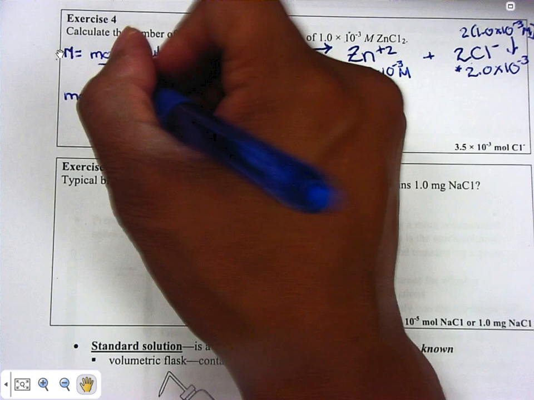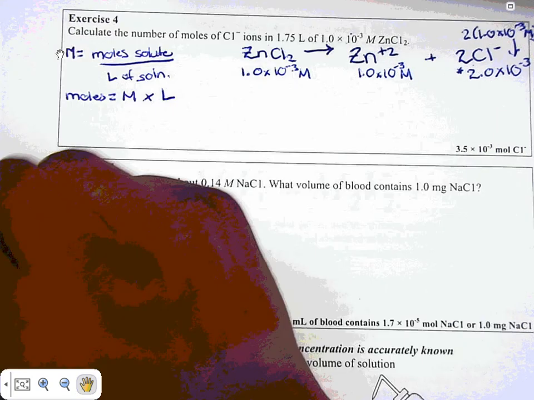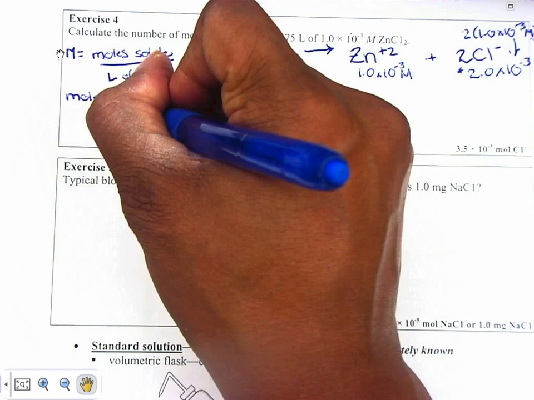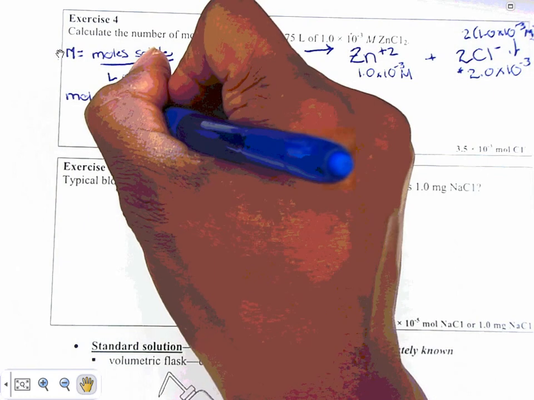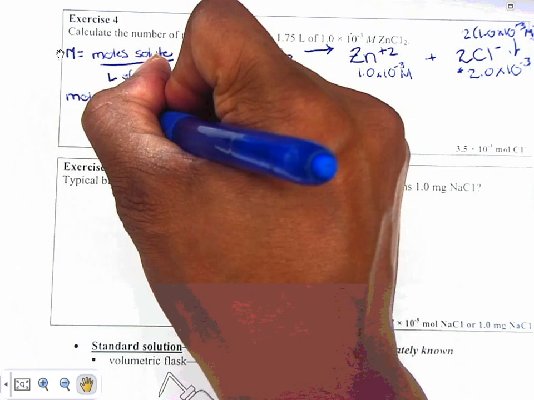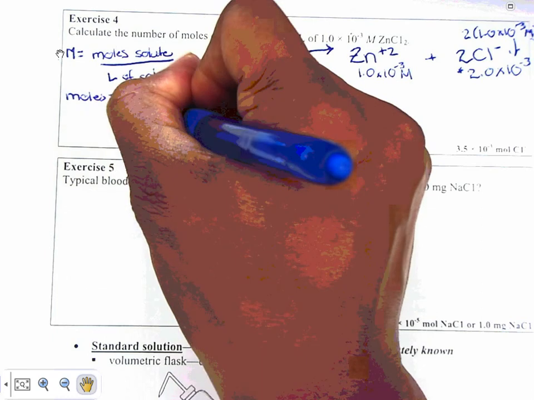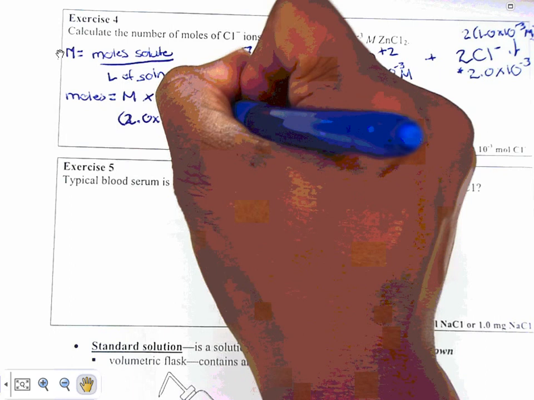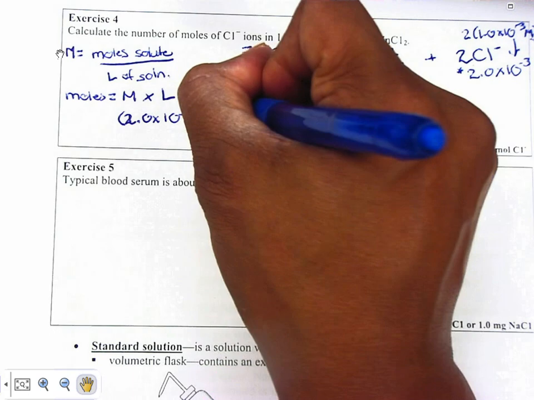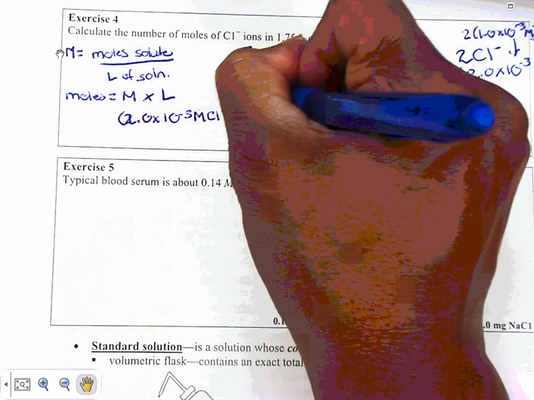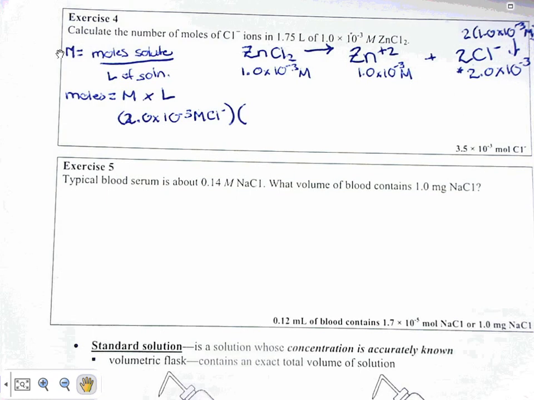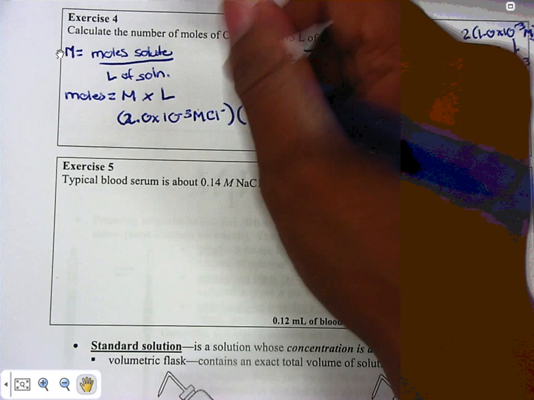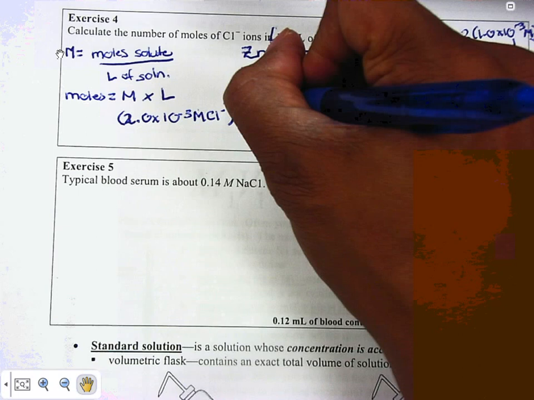And so then I'm just going to effectively plug and play. I'm going to take my known molarity of the chloride. Remember, this is chloride, so that's actually going to be 2.0 times 10 to the negative 3 molar chloride ion, and we're going to multiply that by the liters of solution, which in this case is this 1.75 liters.